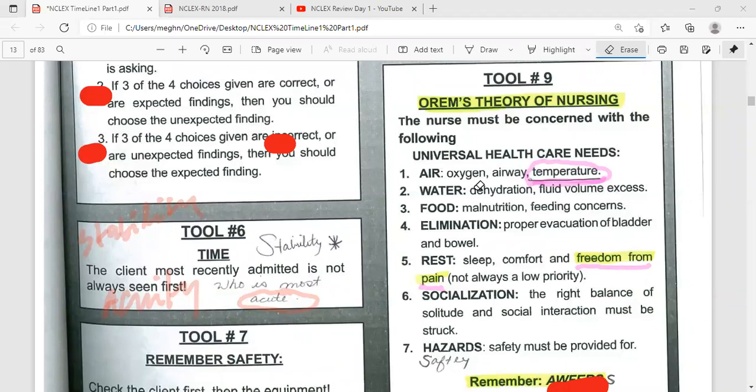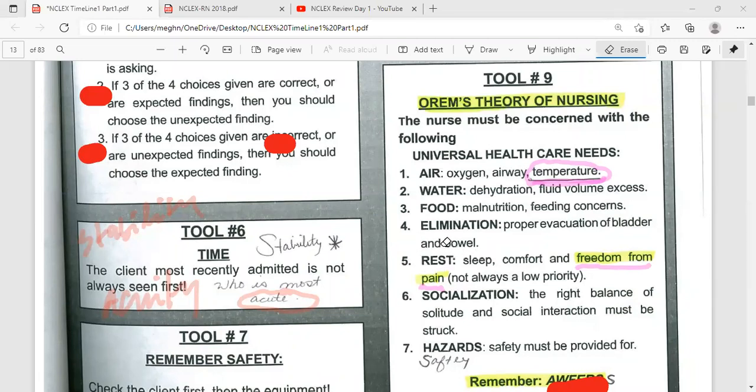Orem's theory is useful in nursing practice. If there is any vitamin or food deficiency, the patient develops malnutrition. Also, we need to eliminate urine and stool, so proper evacuation of bladder and bowel is important.